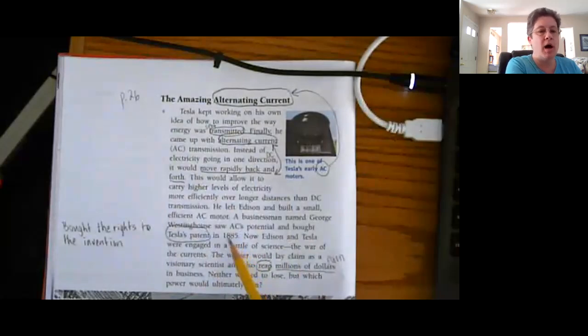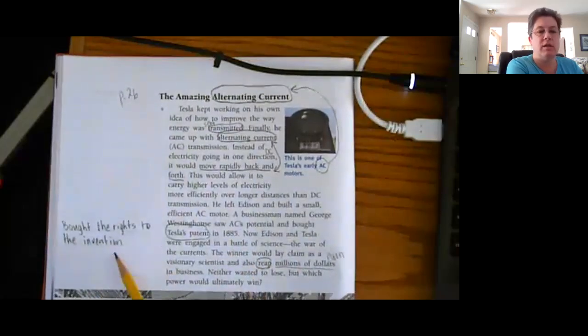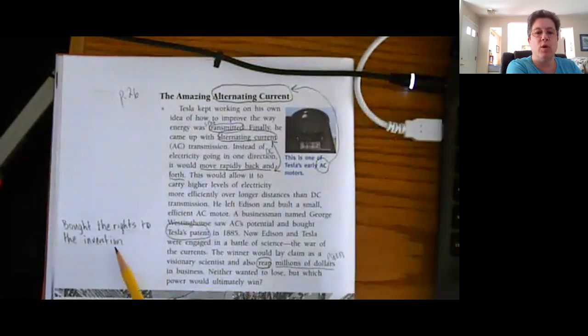And so when he bought the patent, Westinghouse bought the rights to the invention that Tesla had made. So go ahead and annotate that definition for bought Tesla's patent. This means that Westinghouse could then develop the energy system and make money selling energy to households and businesses and everyone else that wanted to use it.